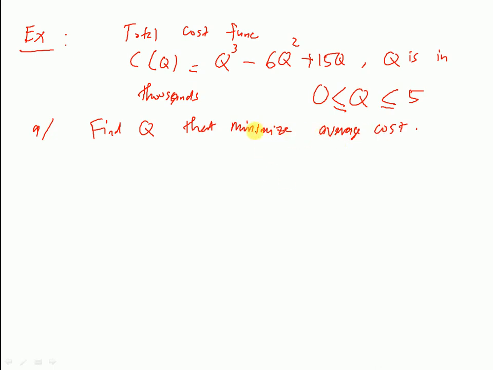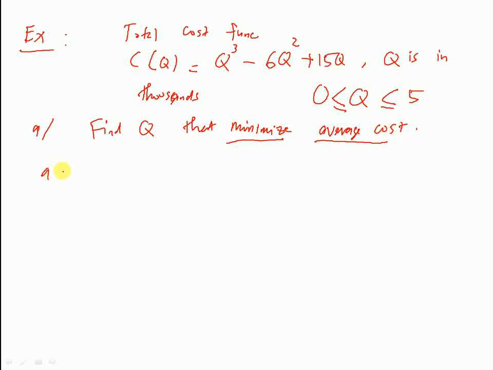If they ask us to find the minimum average cost or the minimum value of something, again this is a max and min problem, where we are looking for the global max and global min. Again, we just apply the same thing that we did in the other section to this problem. They ask us to minimize the average cost, so first we must have the average cost function.